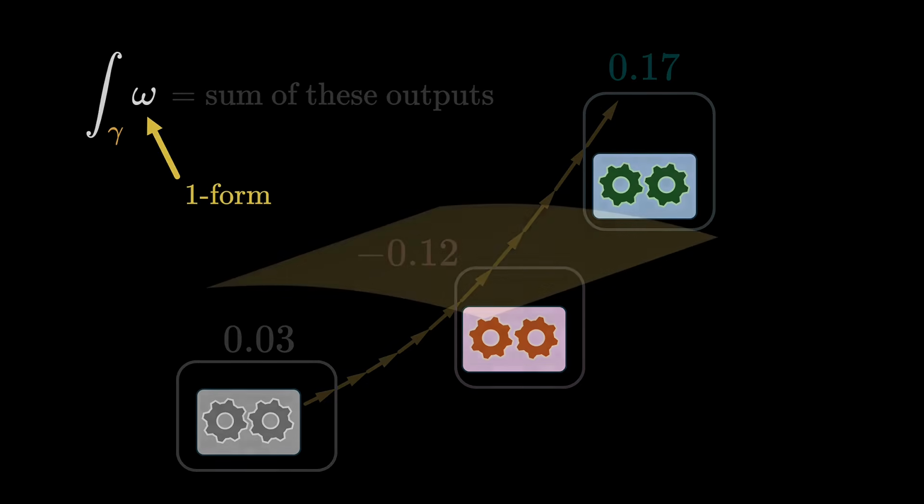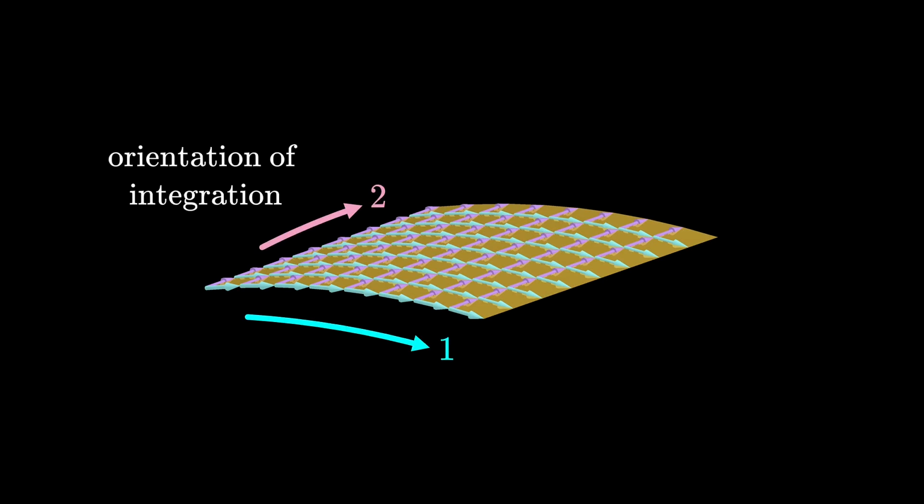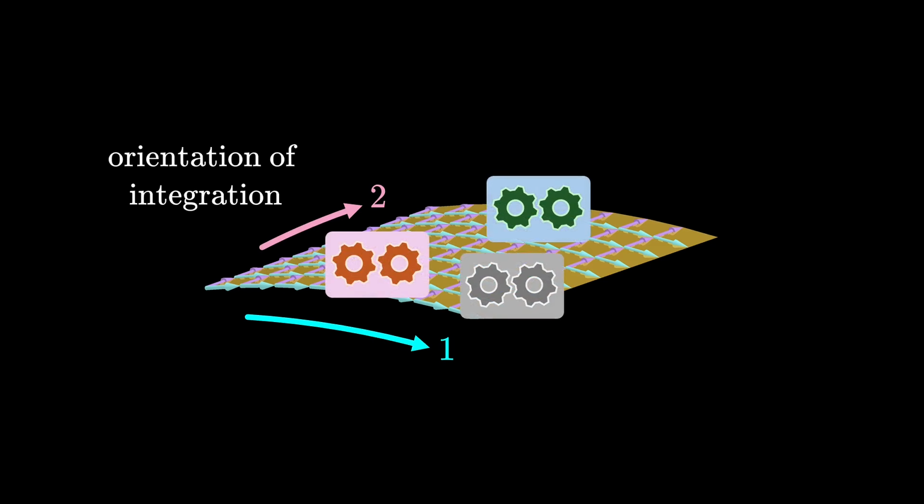When we do a surface integral, this time we separate the surface into many tiny parallelograms. This time, the tiny parallelograms have an orientation in a way that is consistent with the orientation of the integral. In a similar fashion, we take the two vectors into our machines at different points and add them together to compute the integral.